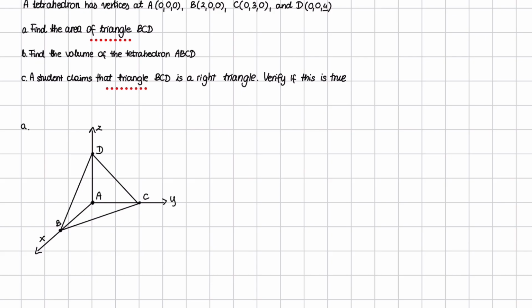A is in the origin because it has coordinates 0, 0, 0. B has x 2, so in here, and C has y 3, so in here. And this is our coordinate plane with 3 coordinates, so x, y, and z.